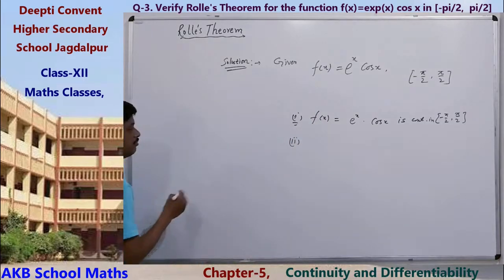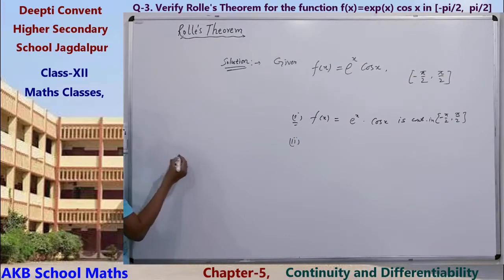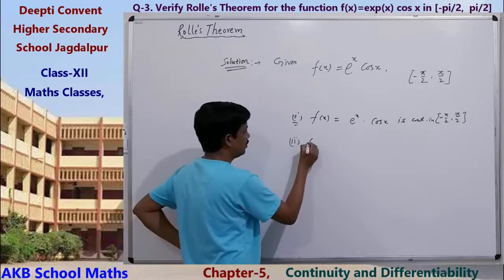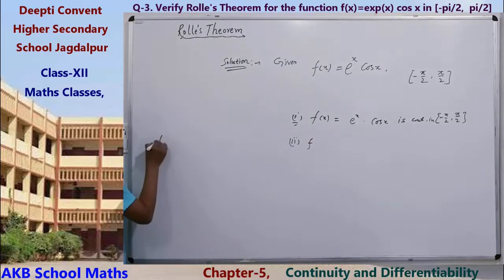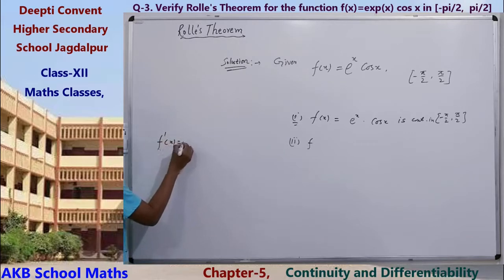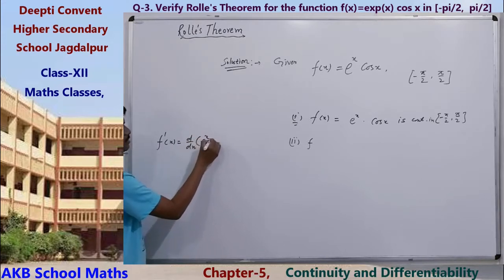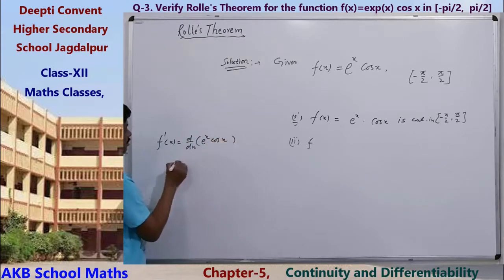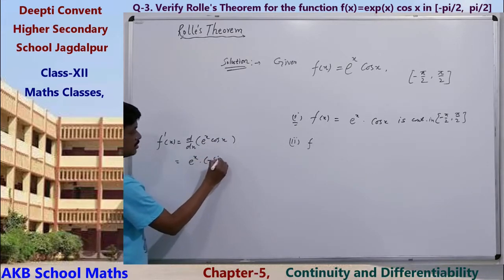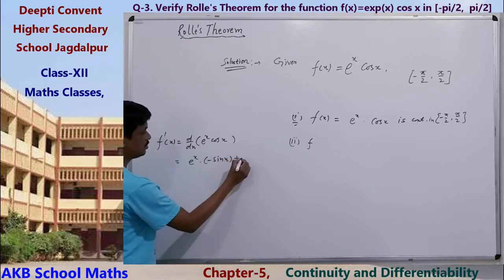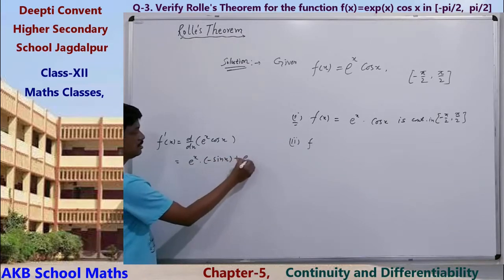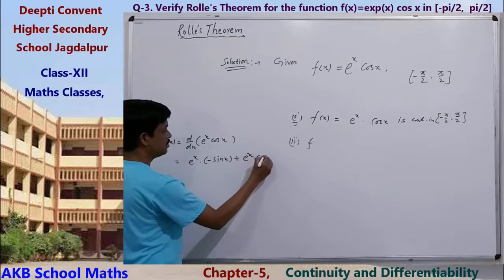Now the second condition, derivative. So here, find the derivative. F dash x equals the derivative of a product of two functions, e to the power x cos x. Product of two functions: e to the power x is the first function, the second function's derivative is minus sin x, plus the derivative of the first function, e to the power x, times the second function cos x.